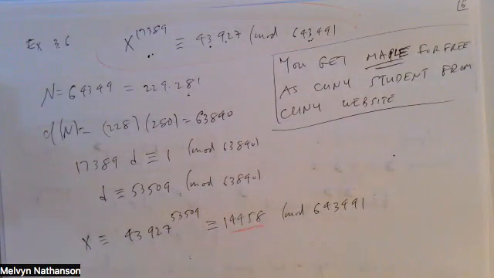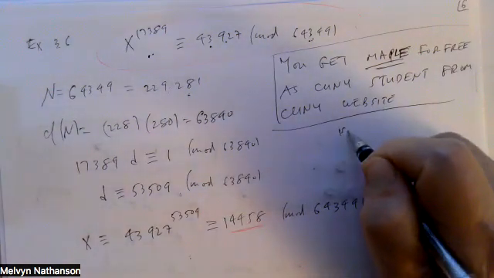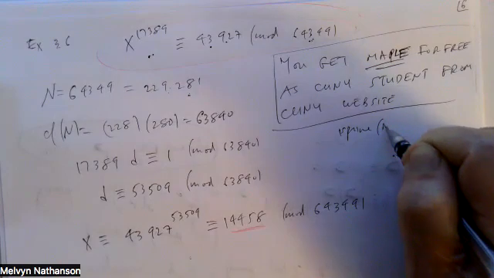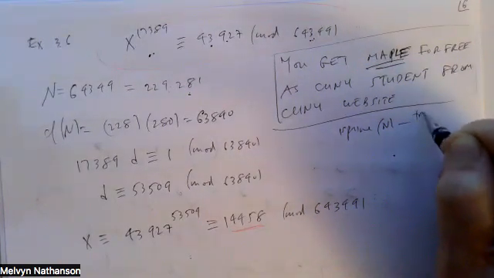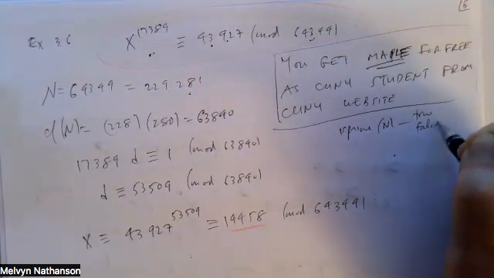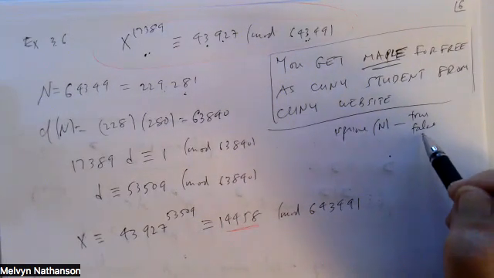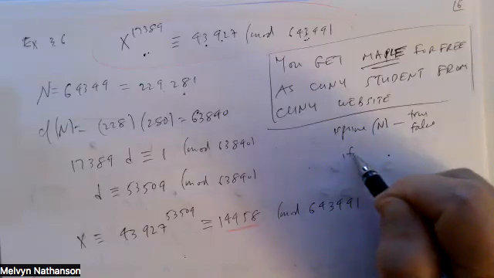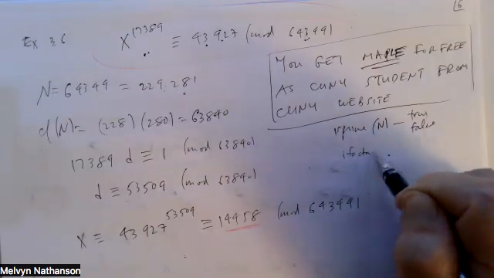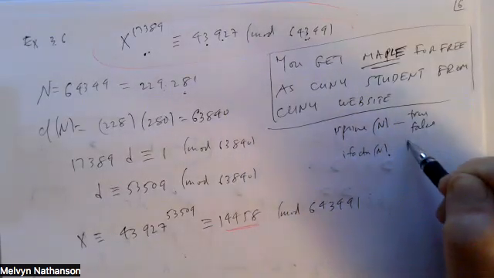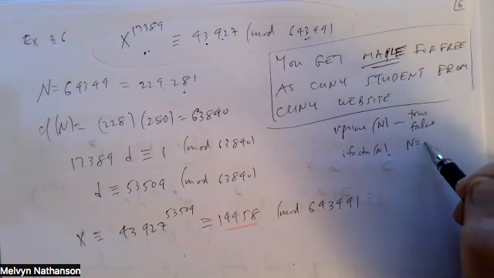Now, Professor, can you show in Maple the commands? There's a command called isprime(N), and it gives you an answer, either true or false. True if N is prime, false if N is composite. And there is a command ifactor(N), which writes N as a product of primes.